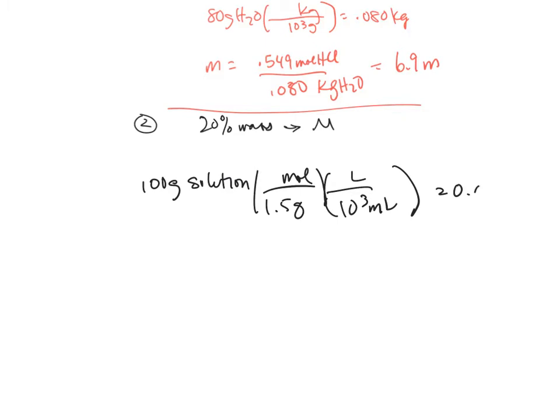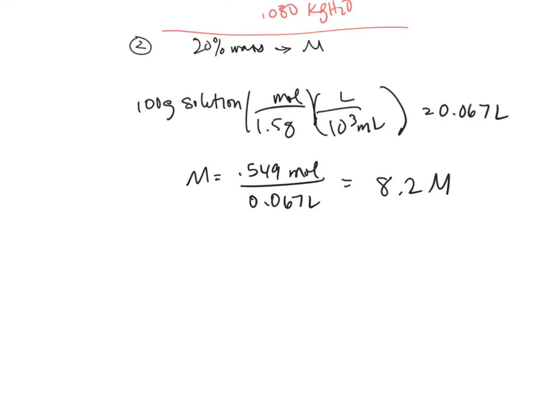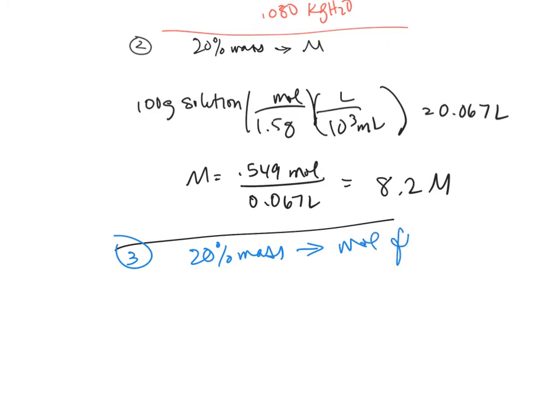So this is going to be 0.067 liters. That's the volume of the 100 grams of solution. Molarity then is 0.549 moles divided by 0.067 liters. So it's 8.2. Then the third one, you're going 20% by mass to mole fraction.